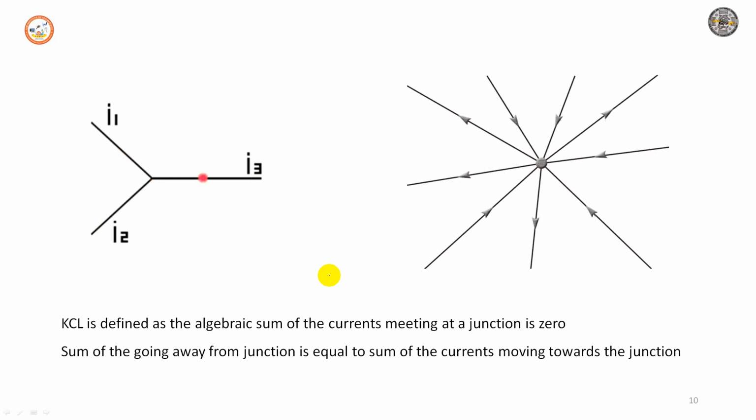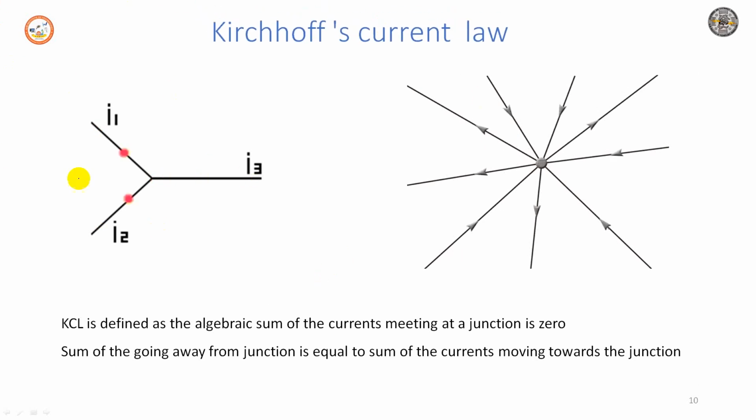The next principle is Kirchhoff's current law. If you look at this diagram, you can notice the red arrows entering the junction. The center point is a junction.